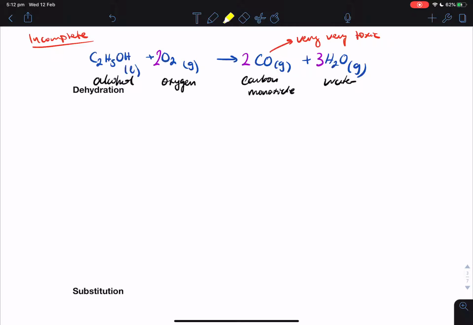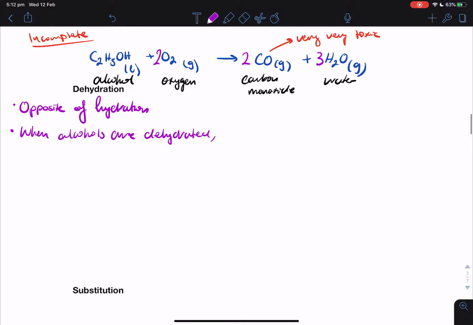So let's start with this. Opposite of hydration. That's kind of given because dehydration is the opposite of hydration. Okay, and then we say when alcohols are dehydrated, alkenes are formed.